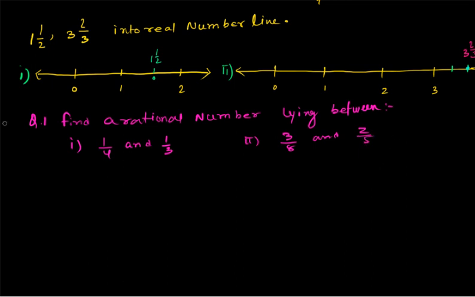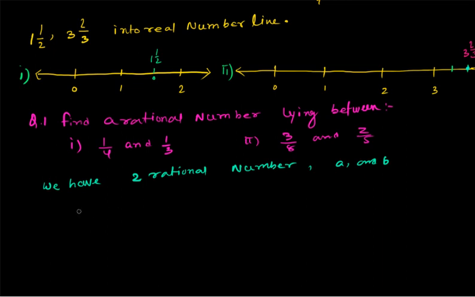Okay, so let's try to solve it. Actually it's very easy, we can solve it in so many ways. So let me give you a property of rational numbers. Say we have two rational numbers, a and b.